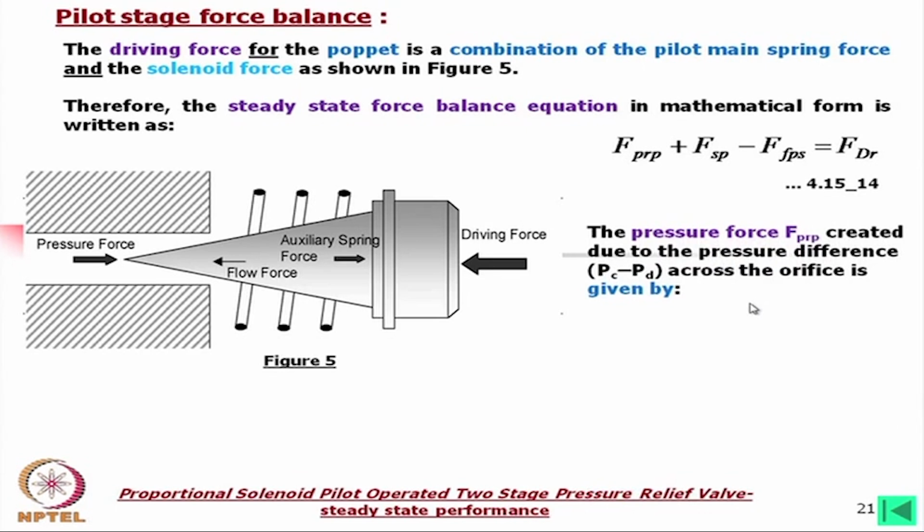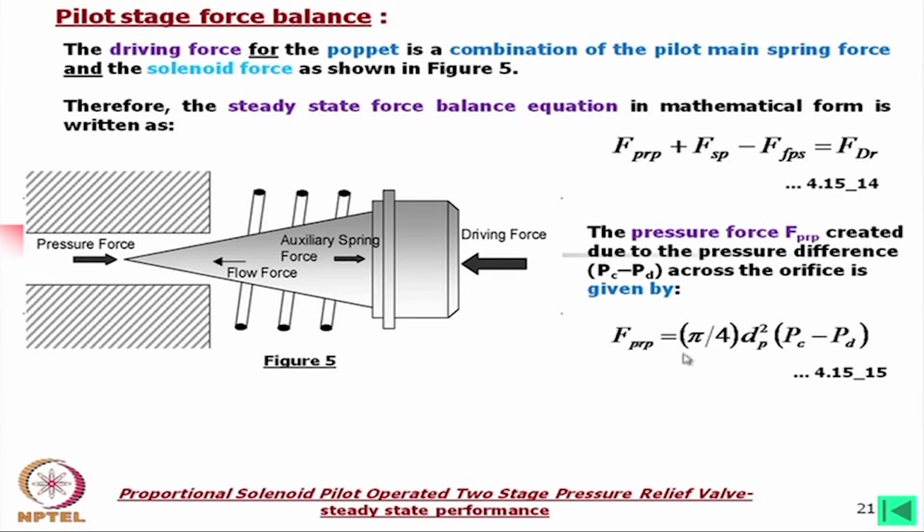Now, the pressure force is created due to the pressure difference. So if we know the pressure difference, we can estimate what the force will be, and knowing this area we can also calculate the flow force.